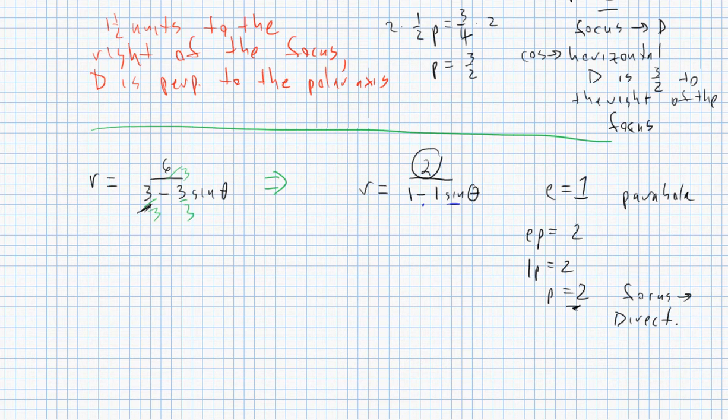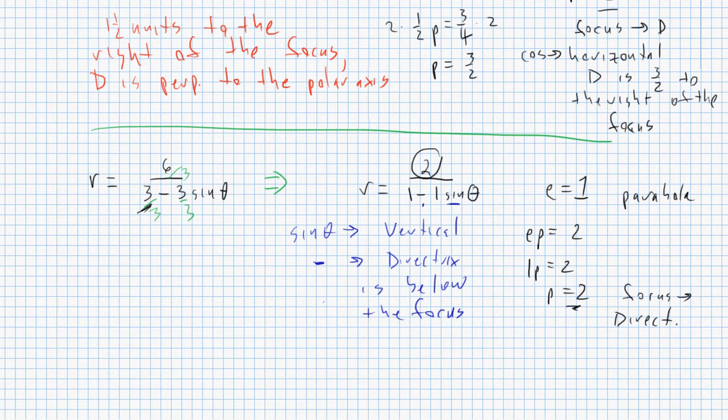So the sine tells us that it is vertical, that is an up and down, either facing up or facing down. And the negative on the inside there indicates that the directrix is P units below the focus, which is at the polar origin.